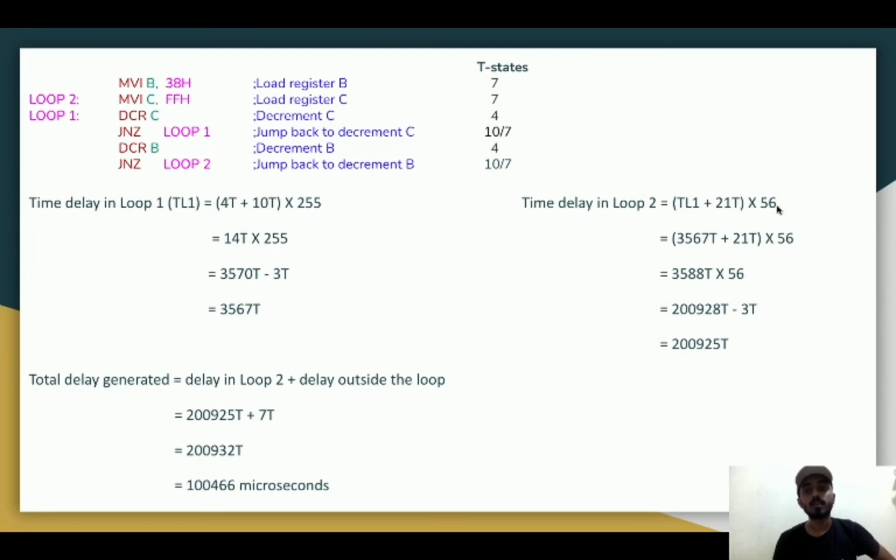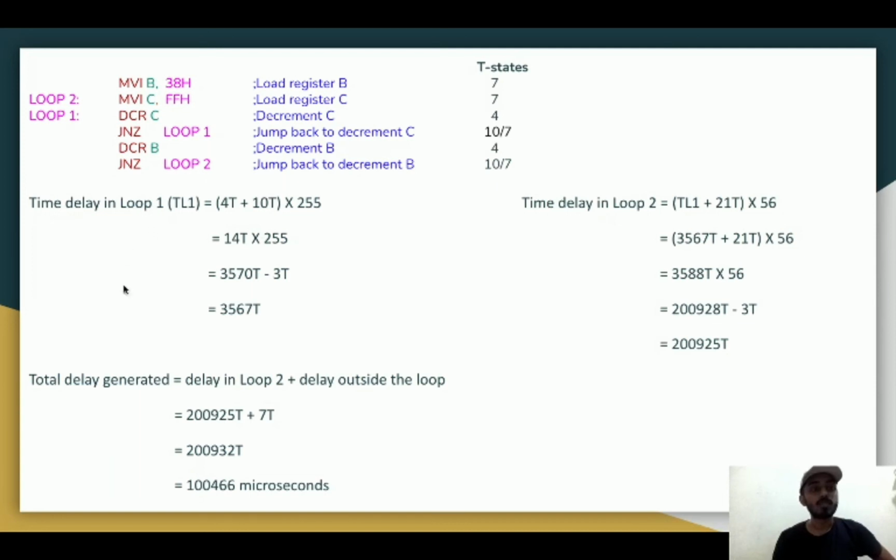So I have added both into the content in the register B, which is 38H, and whose decimal equivalent is 56. So I have added both into 56, which gives the answer 3588T into 56, and this much answer we get, 200928T. And again for jump we have to subtract 3T. So after subtracting 3T we get 200925T.